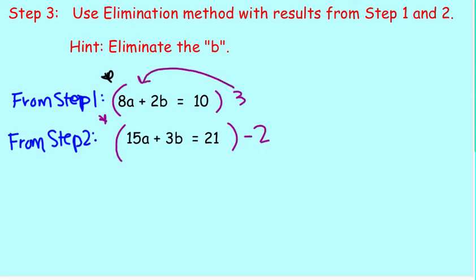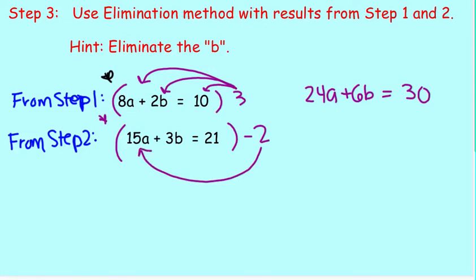So distribute to all of them. 3 times 8a is 24a. 3 times 2b is 6b. 3 times 10 is 30. Now we'll multiply the second equation by -2. We get negative 30a, negative 6b, and negative 42.